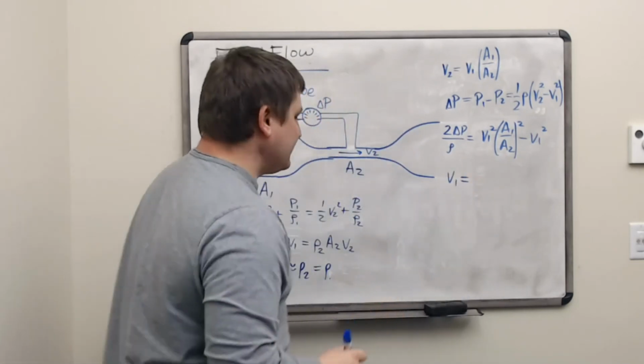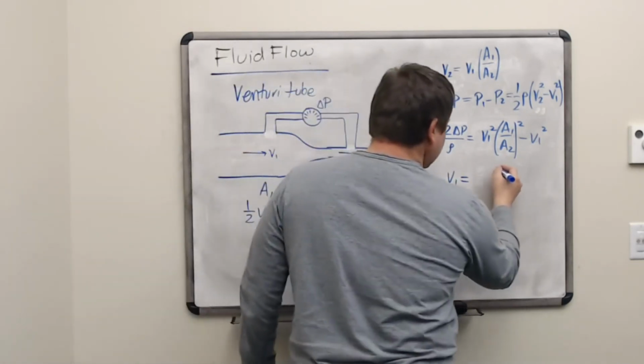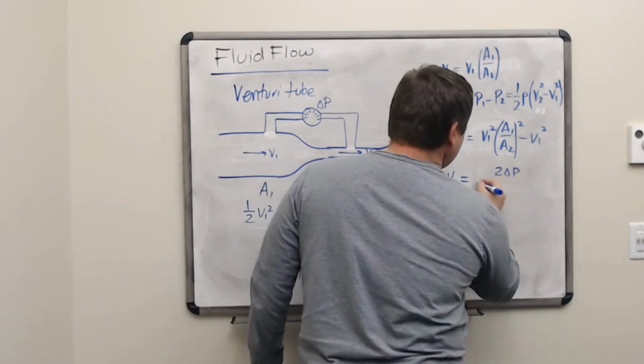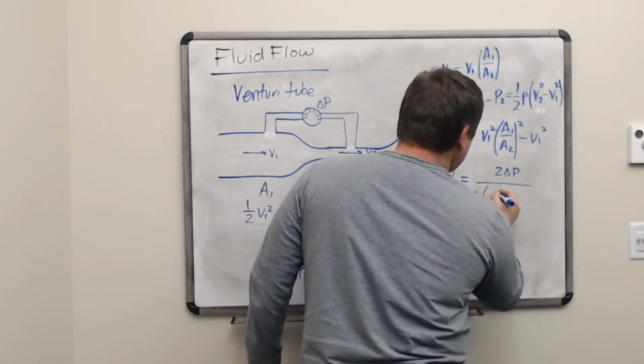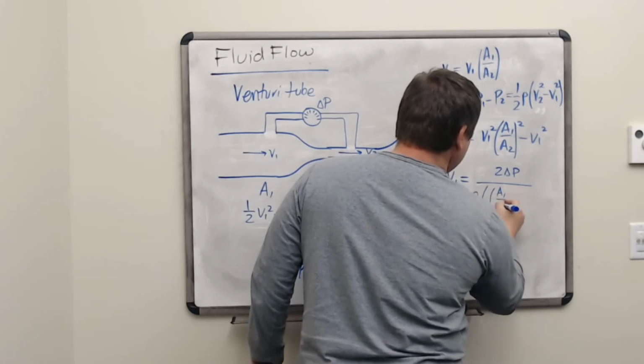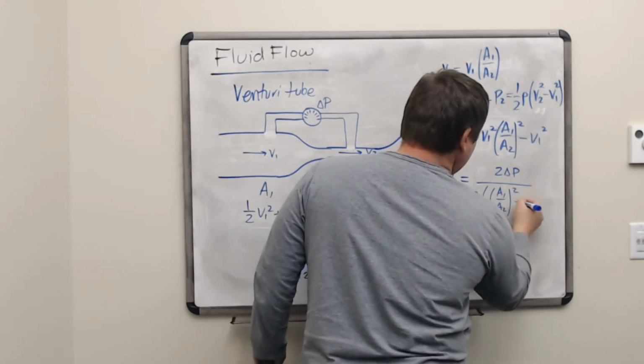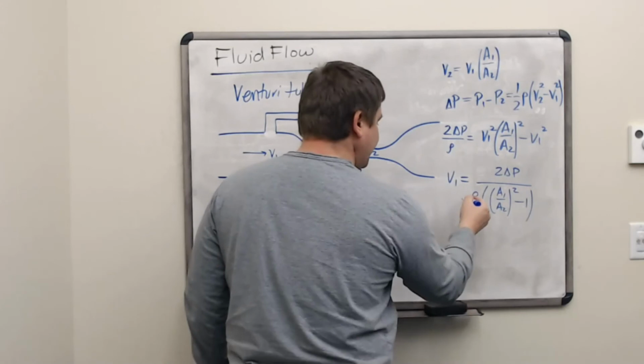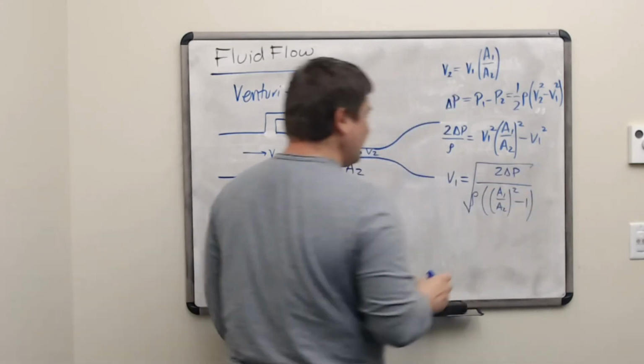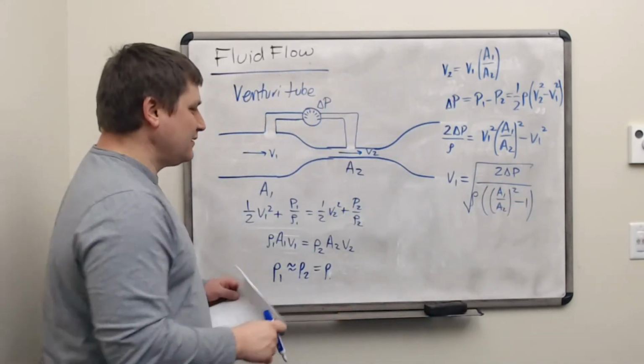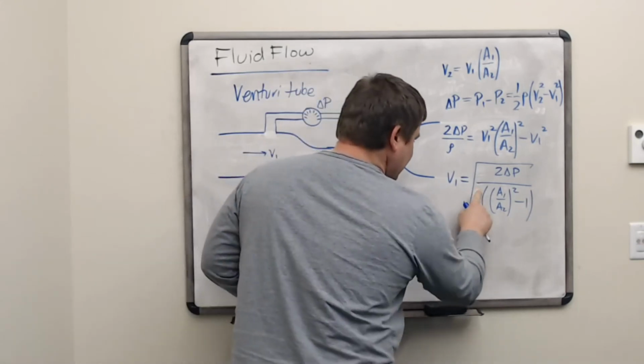All right, so then we can solve that for V1. It will be 2 delta P over rho times the area ratio squared minus 1 as a quantity, and then square root of the entire fraction.